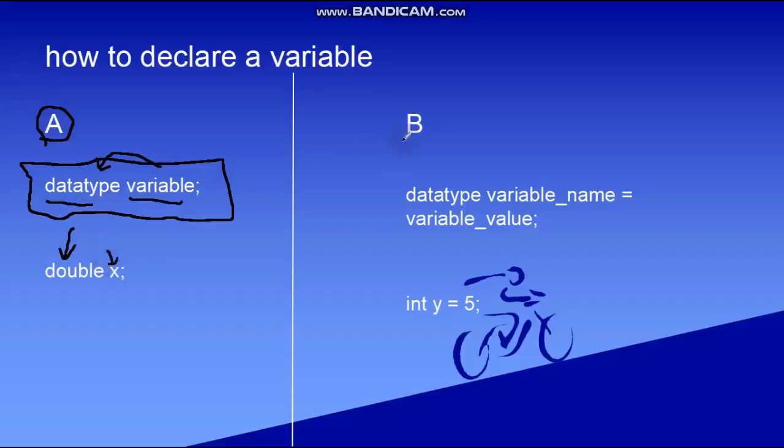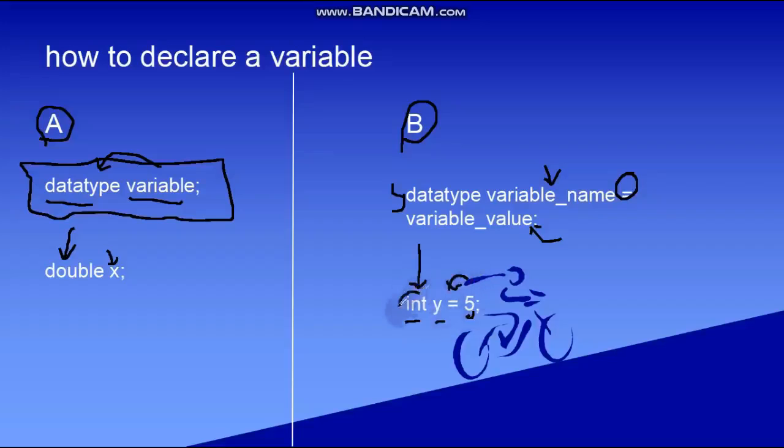And we also have another slide, the second example in B. You can specify the data type, variable name, and equals variable value. Remember, the variable value is inserted after the equal sign, just like in the example below. int is the data type, y is the variable name, and 5 is the variable value just after the equal sign.